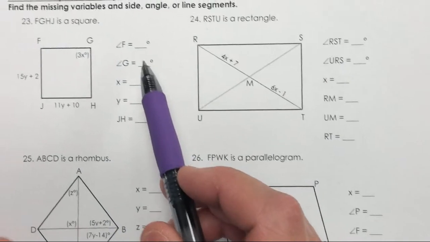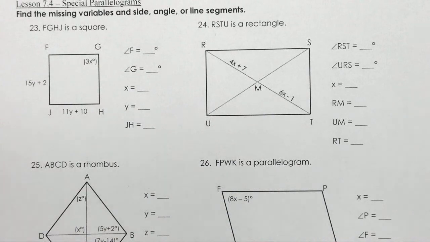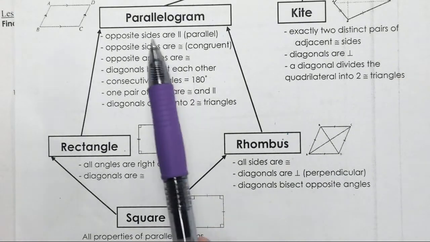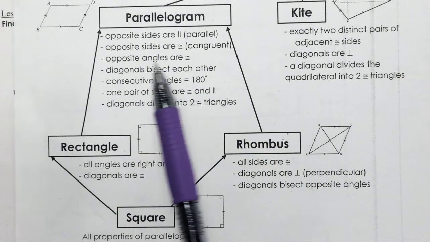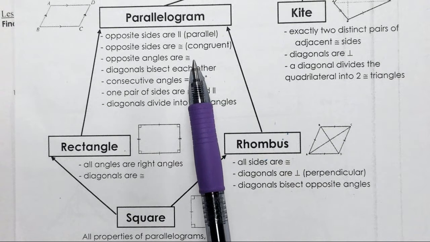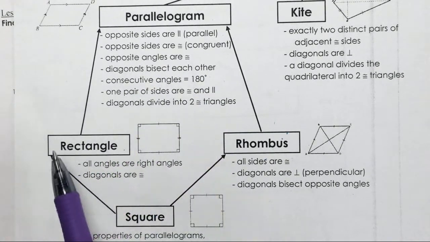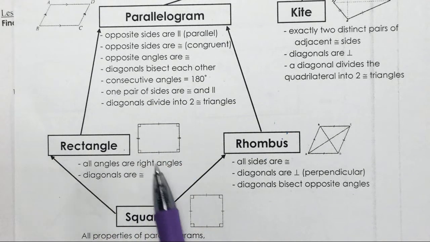So we're starting off with angle measures, right? So we have angle F and angle G. So we have these angles in the corners. And I'm going to look specifically at angles on all of these here and see which one might be helpful. So opposite angles are congruent. That might be helpful. Consecutive angles equal 180. That might be helpful. And then it says for rectangles, all angles are right angles. So in the corner, the angles are right angles.